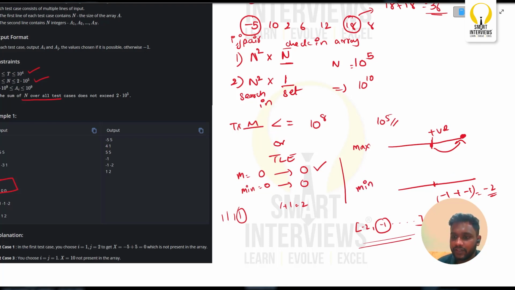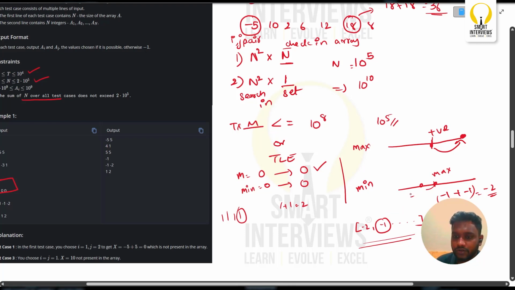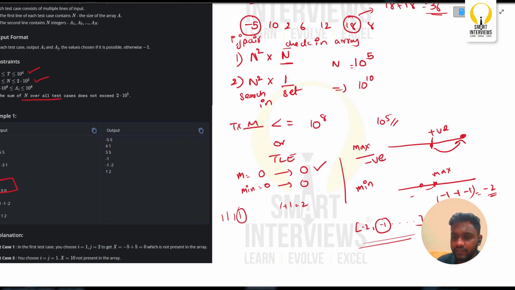This is our max, and if we add, it will land somewhere here, and there is a possibility that this element will be in the array. So to avoid it, if max itself is negative, you better go and pick the min element. If max is positive, we can take max.